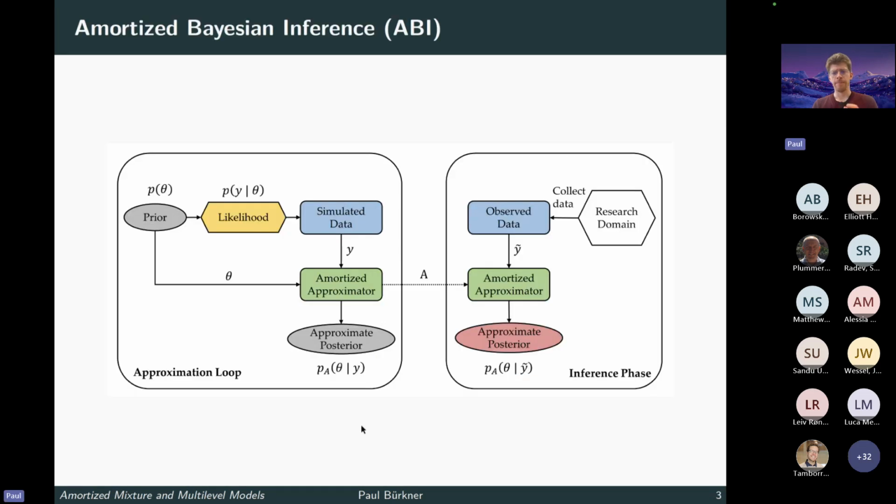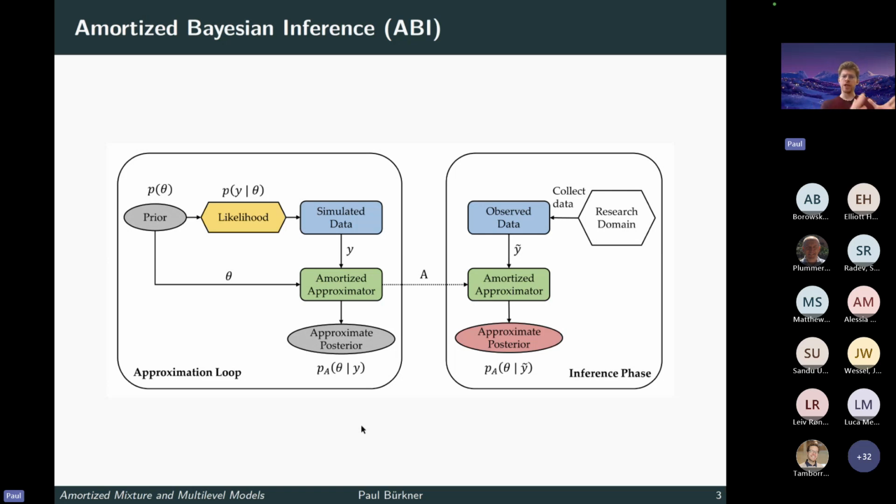All right. I assume that most of you are familiar with the general idea of amortized Bayesian inference, but I'm still introducing it quickly so that we're all on the same page. So the idea in amortized Bayesian inference in a nutshell is that we are splitting the approximation loop, that is the learning, so to speak, from the inference phase where we're actually going to do inference on new data.